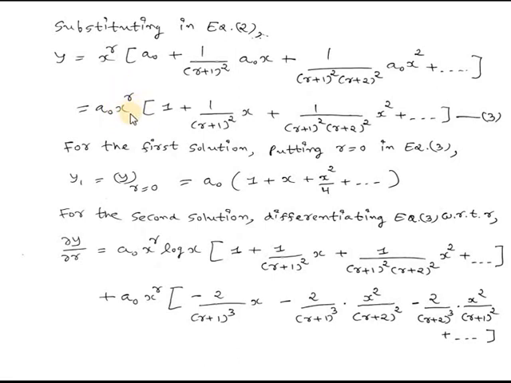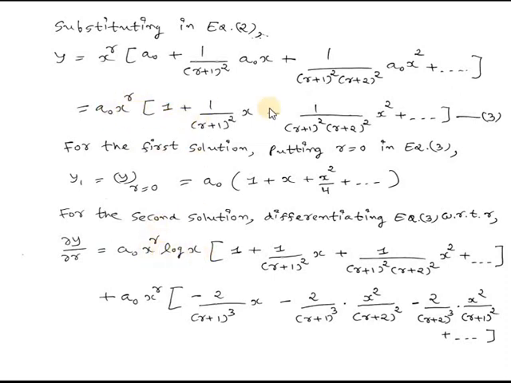The derivative of x raised to r with respect to r will be x raised to r into log x, because we are using the formula that the derivative of a raised to x is a raised to x into log a base e. Here x is a constant because we are differentiating with respect to r. So the derivative of x raised to r is x raised to r log x.